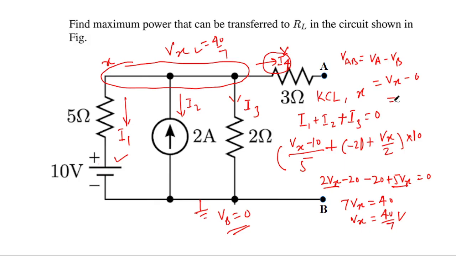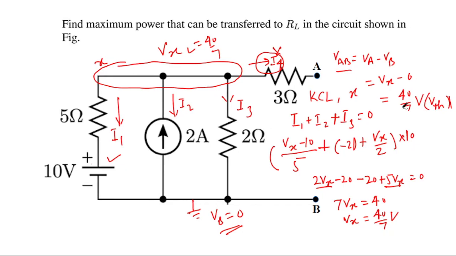So the value is 40 by 7 volt. This VAB is nothing but VTH, so the value of VTH is equal to 40 by 7.